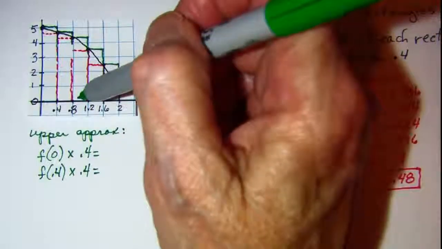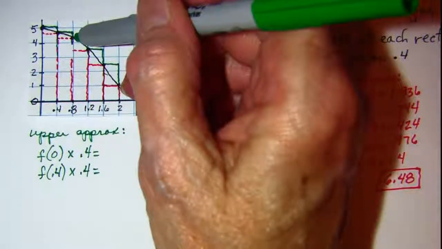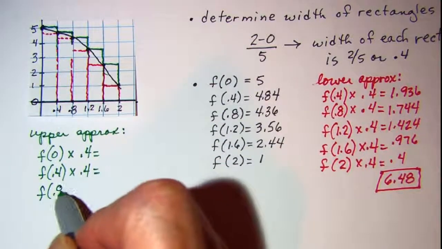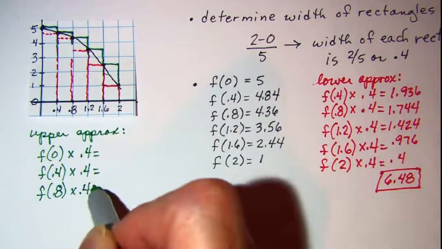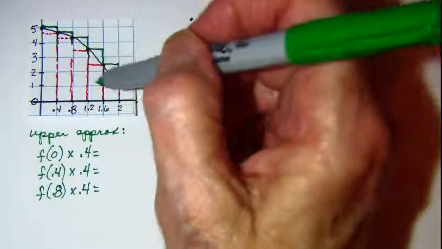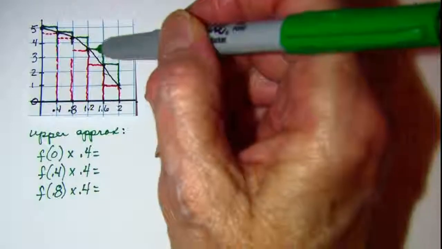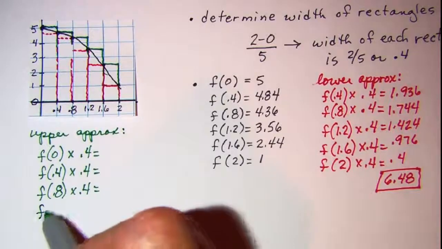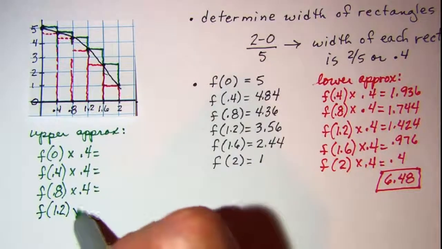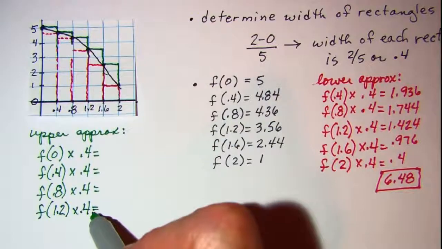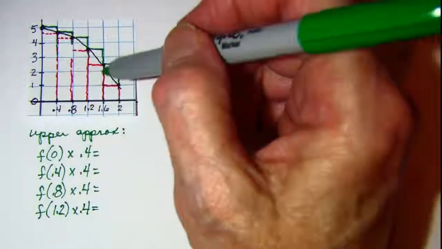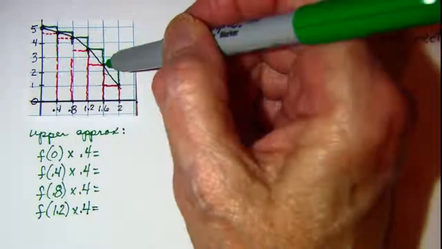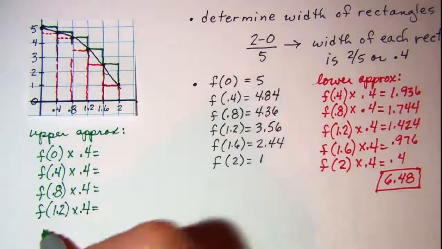For my third rectangle, the height is the y value when x is 0.8. For my fourth rectangle, the height of the rectangle is the y value when x is 1.2. And for my fifth rectangle, the height of the rectangle is the y value when x is 1.6.